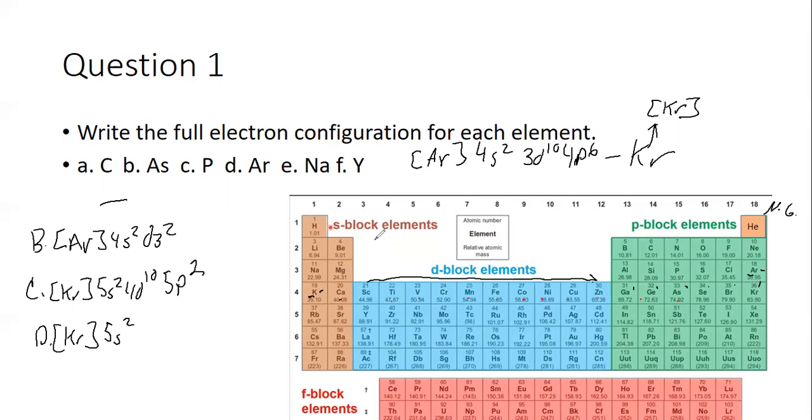So for potassium, I can just write argon 4s1 because potassium's after argon. You just pick the noble gas that you passed most recently on the periodic table, I guess is how I would put that. So everybody take a minute or two to try and figure these ones out.